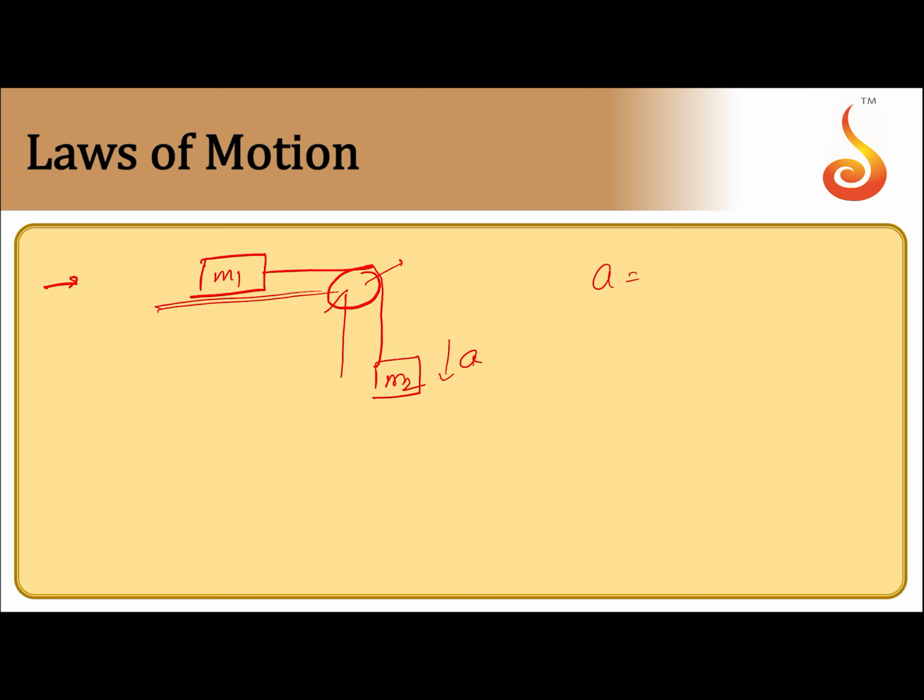Then the acceleration of the system is M2 G divided by (M1 plus M2). Why? Because the net pulling force depends only on M2 while the motion of M1 happens horizontally and its motion is not controlled by gravity. And the tension is of course M1 M2 G divided by (M1 plus M2).